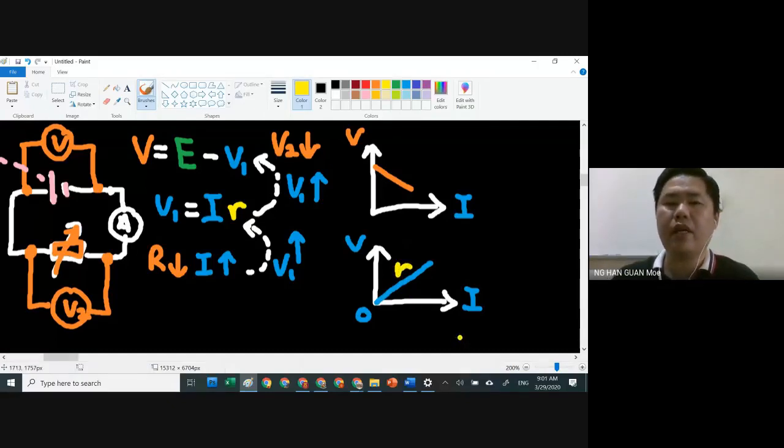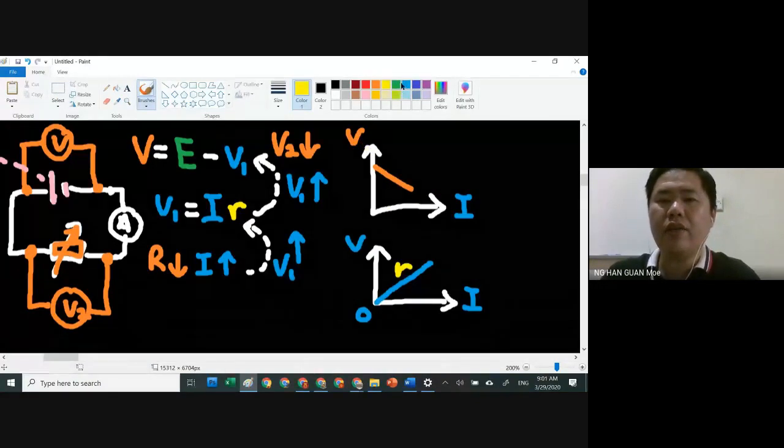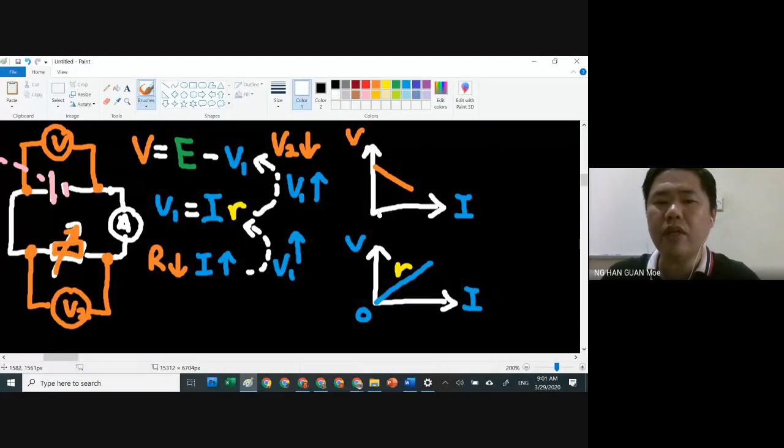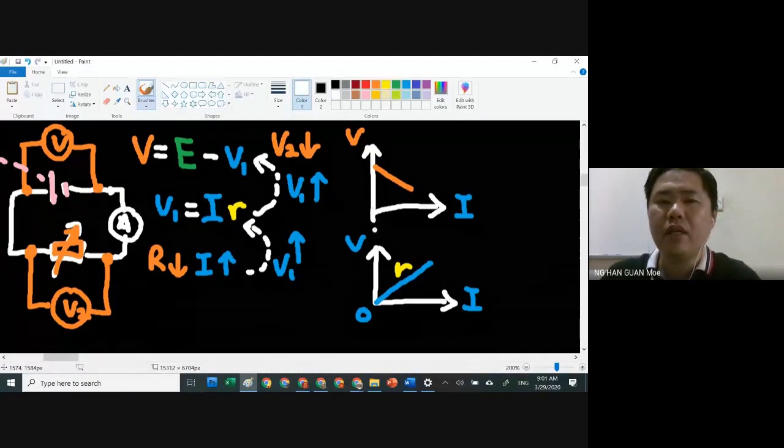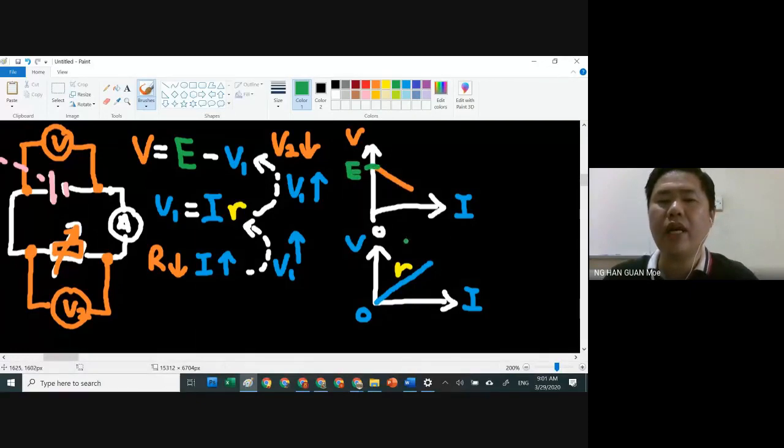Right? And for this graph, where V decreases linearly with I, you'll notice that when I equals 0 is here, the intercept of the V axis, or the Y axis, here is our EMF. Because when the current equals 0, our V1 will equal 0.